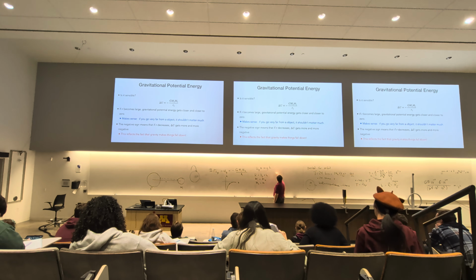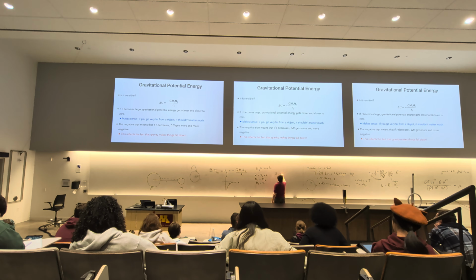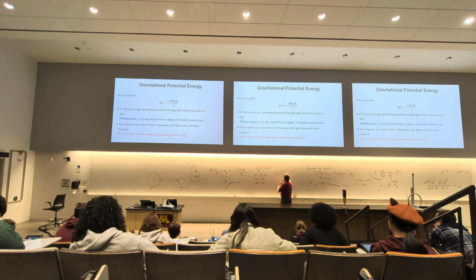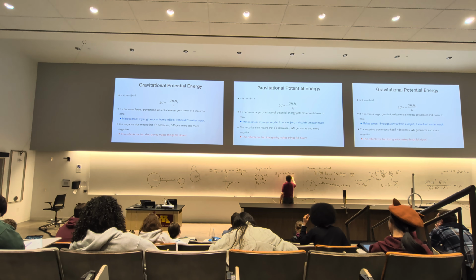So what are we going to get? U G is going to be equal to minus G, mass of the earth, mass of the object, divided by R E plus h.